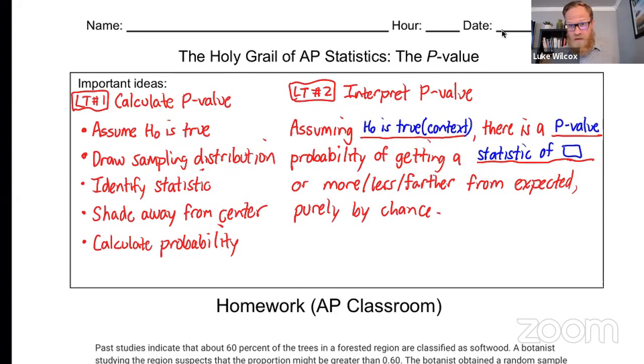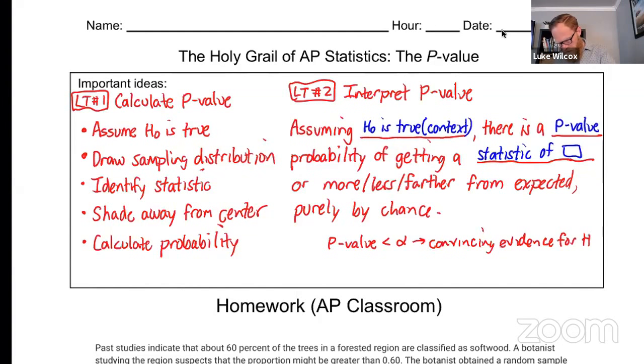Now, once you have the p-value, you do have to be able to turn that into a conclusion about the null hypothesis. And so this is the part that you likely know from your class already, that if the p-value is low or less than the alpha value, then we do in fact have convincing evidence for HA, the alternative, which means that we would reject the null hypothesis.